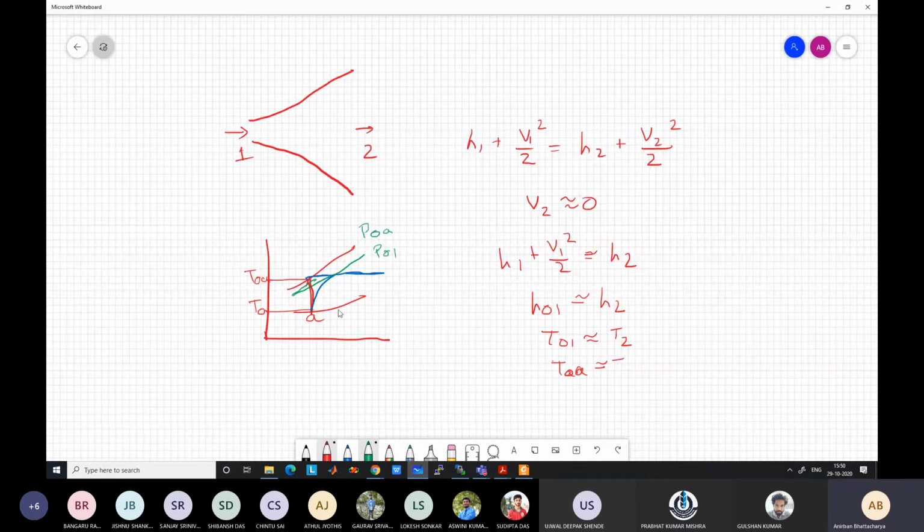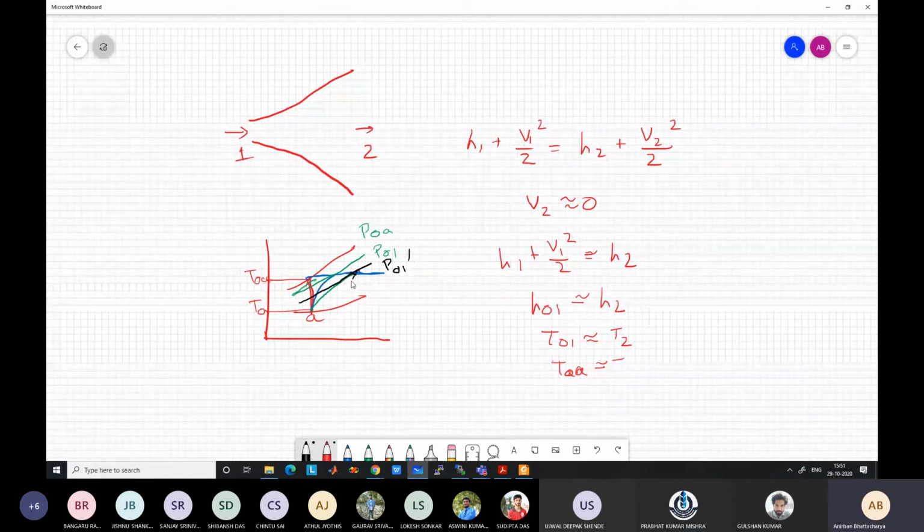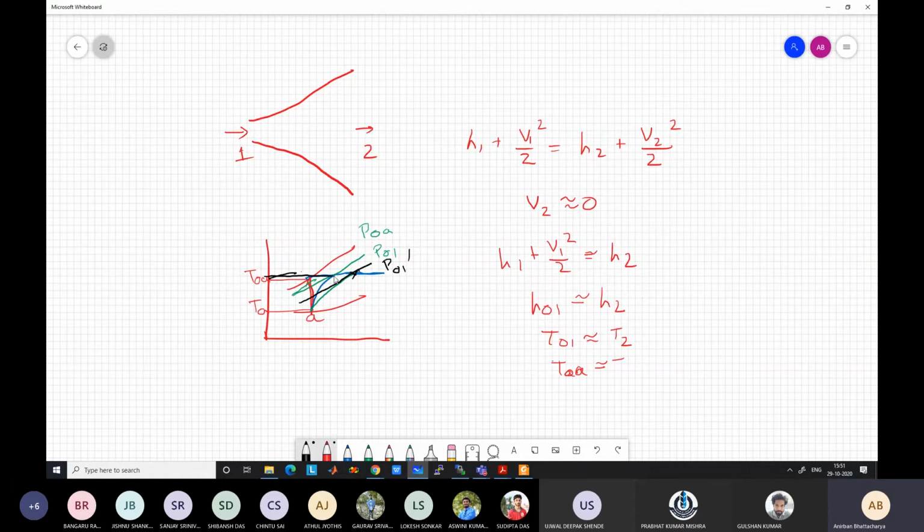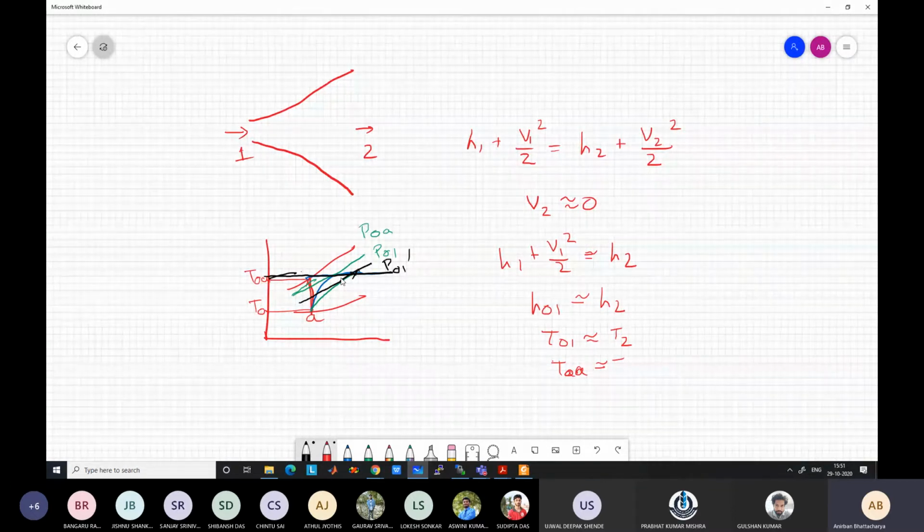If the line would have deviated further, we would get another constant pressure line, which would have been even lower, P01 dash, say. But the temperature will still remain the same, equal to T0A. This is the same constant temperature line, but entropy is increasing and pressure is decreasing because of more and more losses. So ram efficiency will obviously be lower for the second case, P01 dash.